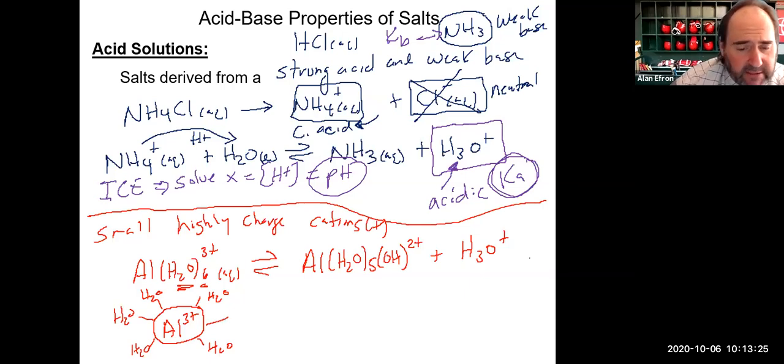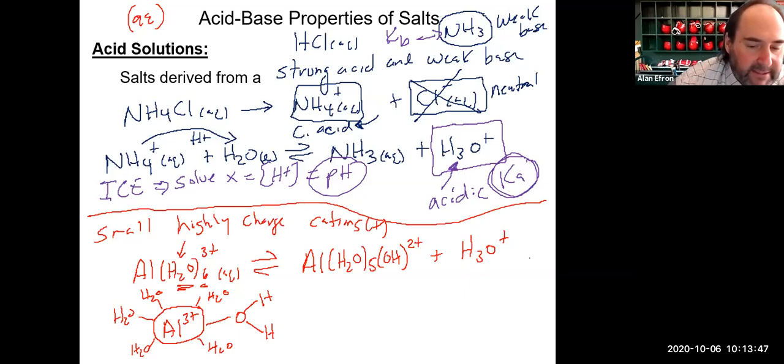Again, it would be attached by the oxygen, which is more negative. So we have the 6 waters surrounding this aluminum ion, and that's what it means when we write aqueous next to something. We don't usually include the water part of it because it gets a little messy in the equations, but that's what it means when we put the aqueous next to it.